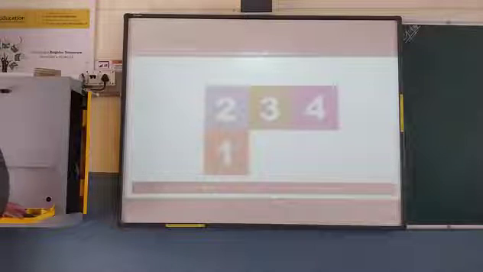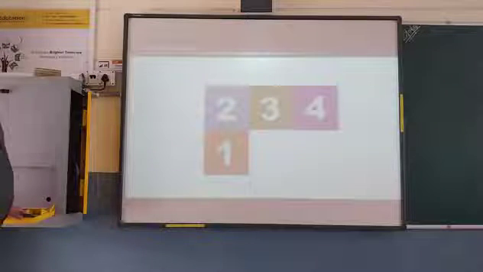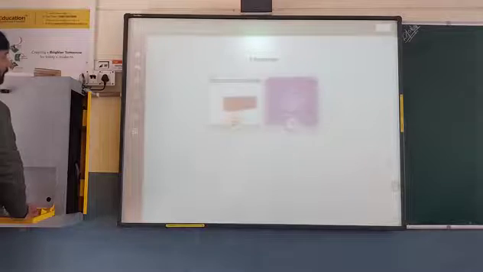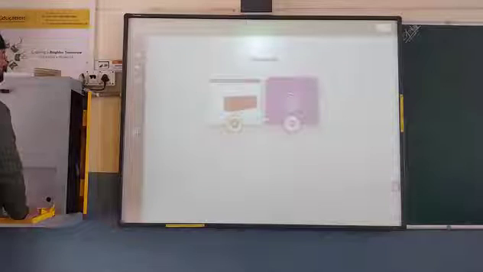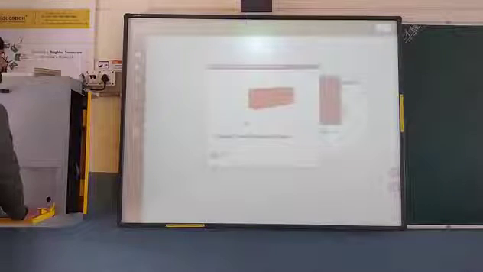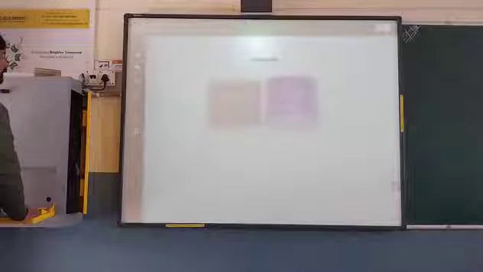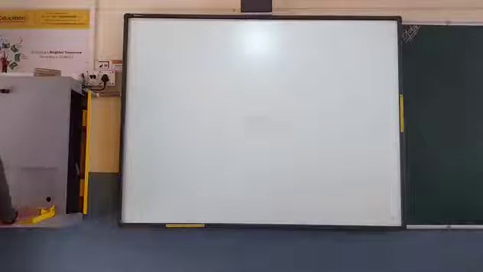The perspectives are different, and the solid shape will look like a plane figure only. In this module, you will learn about three-dimensional shapes and the concept of nets.